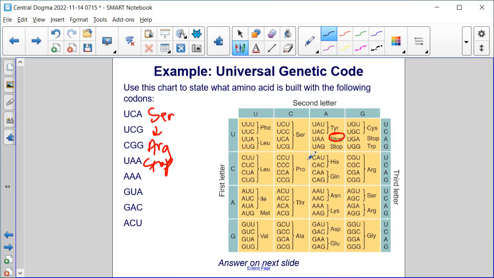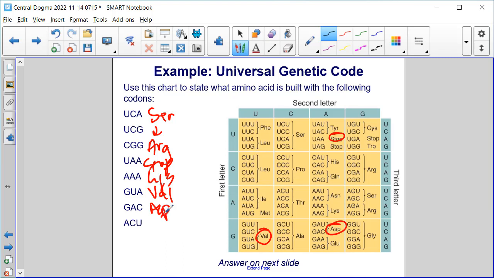A, lysine. GUA, valine. GAC, ASP, which is aspartic acid.